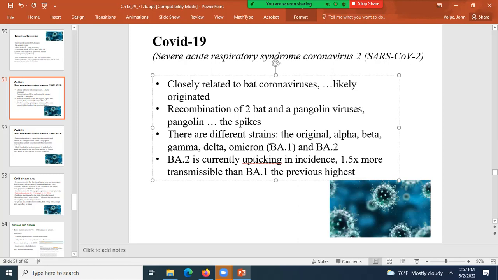BA1, or Omicron, was the least lethal, the least severe. All right. So if BA1 was the least severe, why are there more deaths from BA1 Omicron than there were deaths from Delta, which had the highest lethality rate?